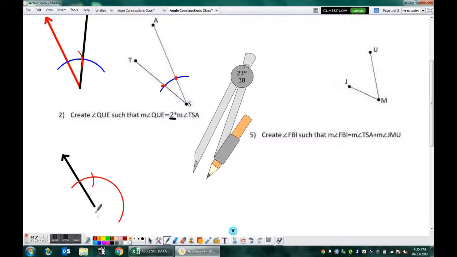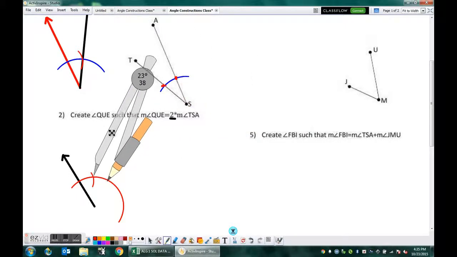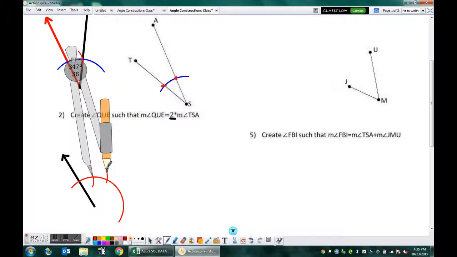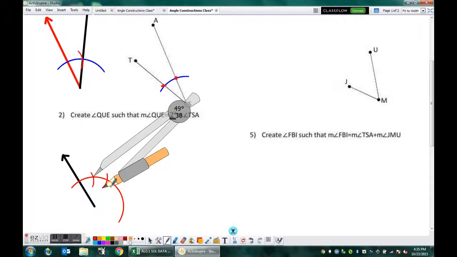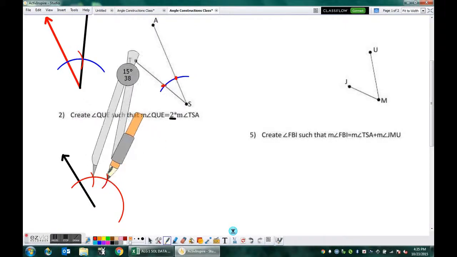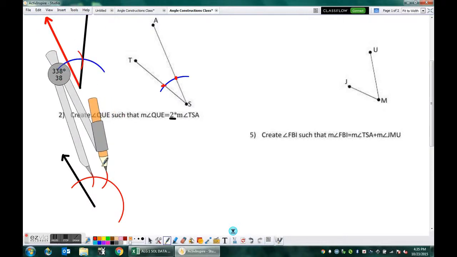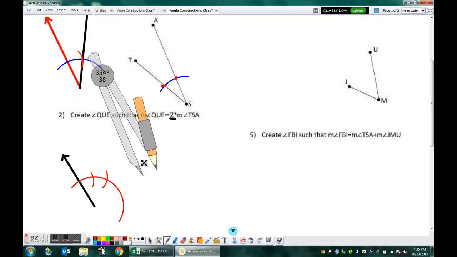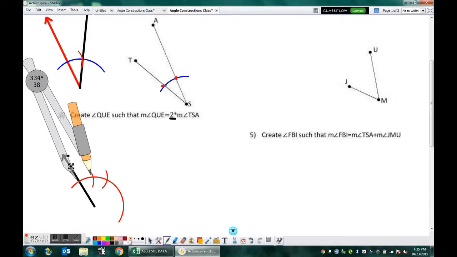If we were just copying TSA, we'd run the line through the endpoint and through the X, and we'd be done. But we have to copy two of them. So I'm going to put my sharp point where the X was, and keep swinging a little bit further to the right till I have another X, another intersection point.